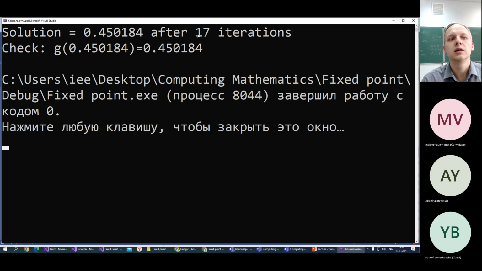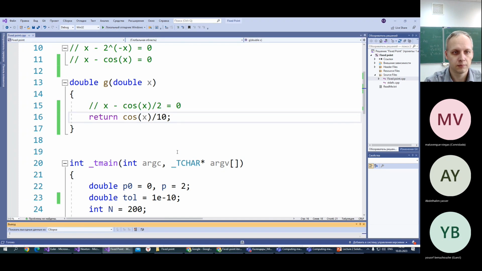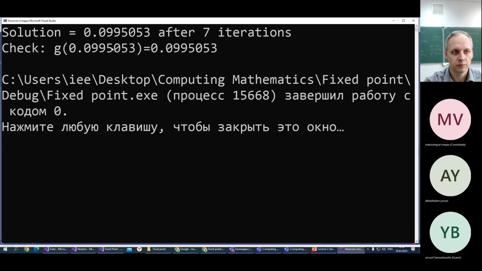You see that it takes 17 iterations. We take the derivative 2 times smaller, and convergence becomes significantly faster. Suppose that we take not 2 times smaller, but 10 times smaller. Just 7 iterations.